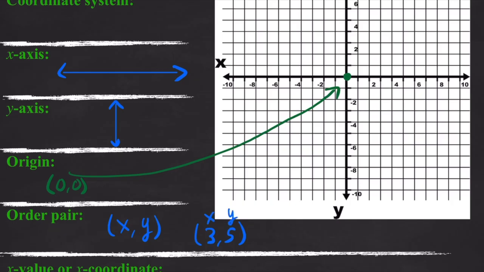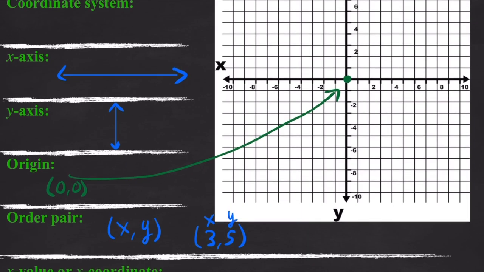We have our x value, which is 3. We have our y value, which is 5. So putting this on the graph, let's actually put it on the graph. We have 3, 5, which would be right there. This is point 3, 5. That is an ordered pair on the graph. It's a place on the coordinate system.